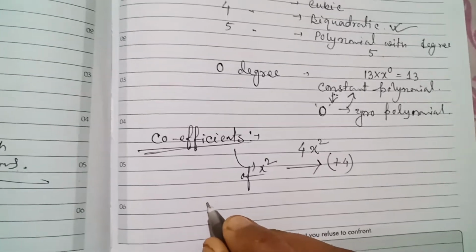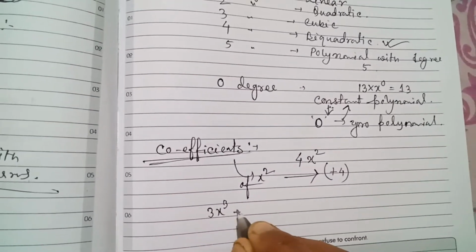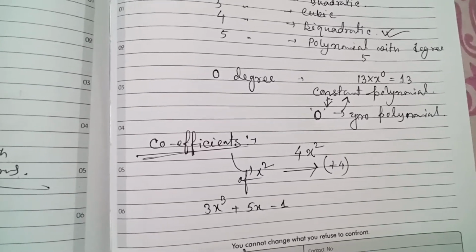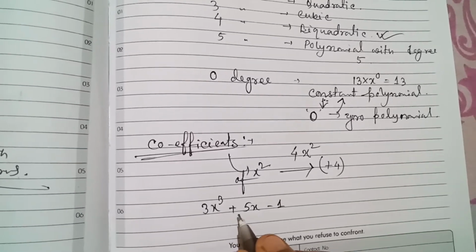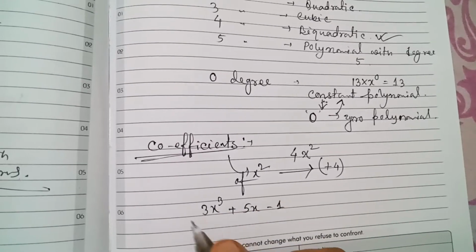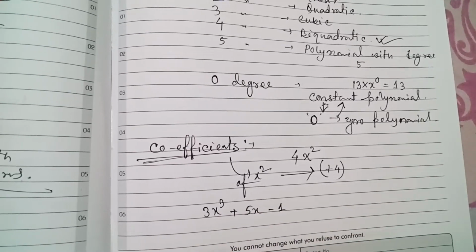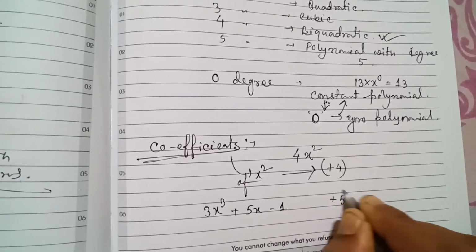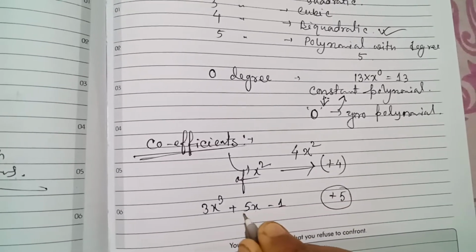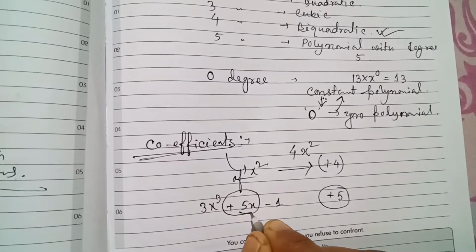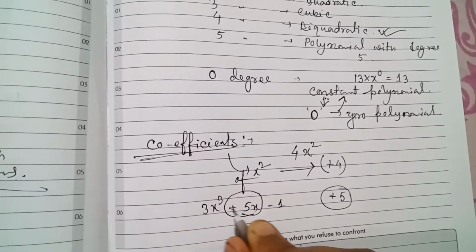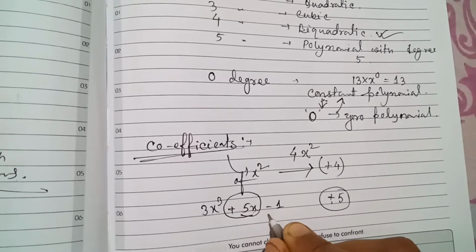I am giving another example that I wrote first like this. What will be the coefficient of x in this expression? Yes, it is plus 5, because you can see this is the term containing x, and in that term except x, plus 5 is there, so plus 5 is the coefficient.